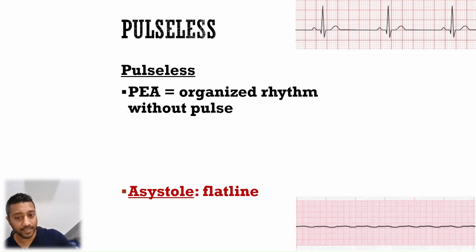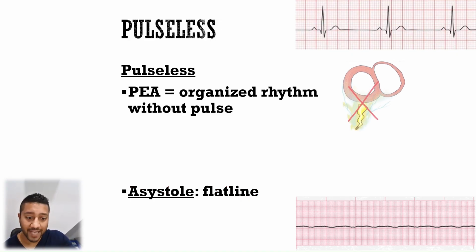In asystole, you again have a patient in cardiac arrest whose rhythm strip just looks like a flat line. There's no signs of electrical activity in it whatsoever. In either of these cases, electrical intervention just does not work, so you do not shock these patients. Instead, the most important thing you can do is just perform CPR with good chest compressions and rounds of epinephrine.